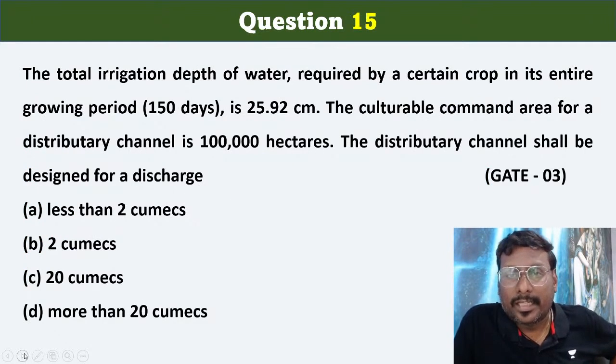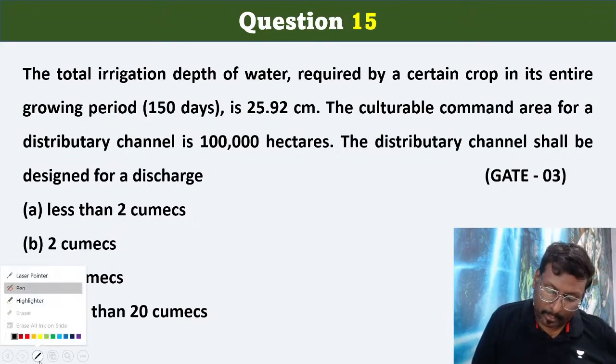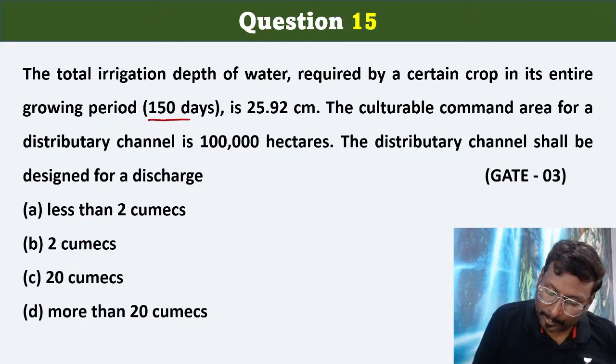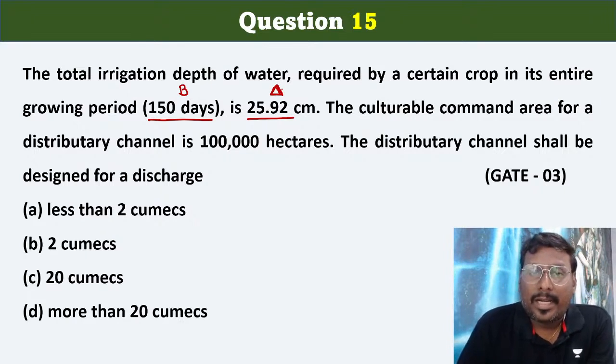The total irrigation depth of water required by a crop in its entire growing period, base period 150 days, delta 25.92 centimeters. Culturable command area of distribution is 1 lakh hectare.